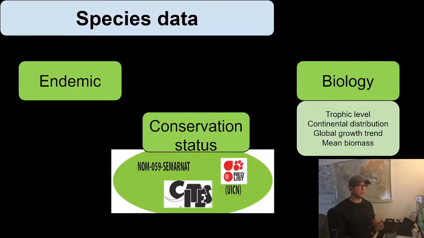Lastly, we went for some aspects of the biology. Here it was a little bit tricky. I am leaving a couple of these characteristics because I tried to include them, but they're not well considered in the end. I'll explain what I mean right now.